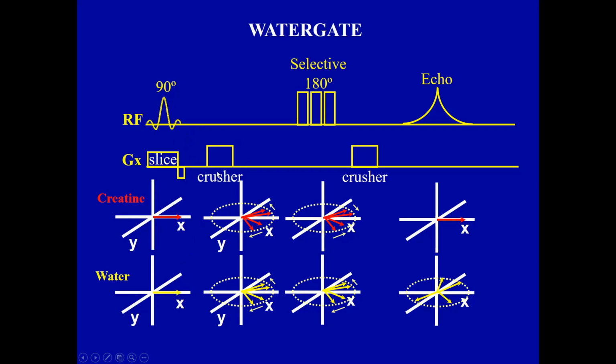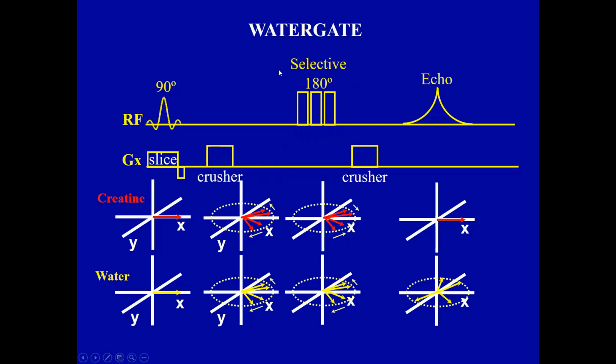Now we apply a crusher gradient. So it's as if we are temporarily creating a bad shim. We're making a big T2 star effect, and we get dephasing. So the creatine and the water both dephase because of this crusher gradient, plus whatever B0 inhomogeneity exists here.